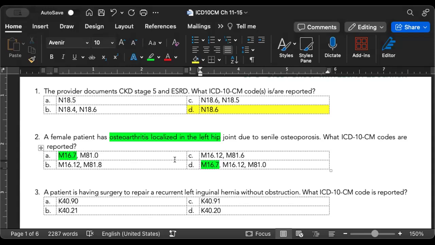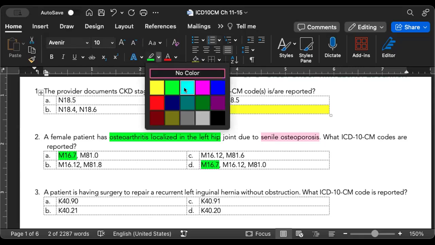You can throw it in the chat if you think you know what our other condition is that we should code. So we've got our osteoarthritis localized to the left hip. That's secondary. What is it secondary to? It's secondary to our senile osteoporosis.